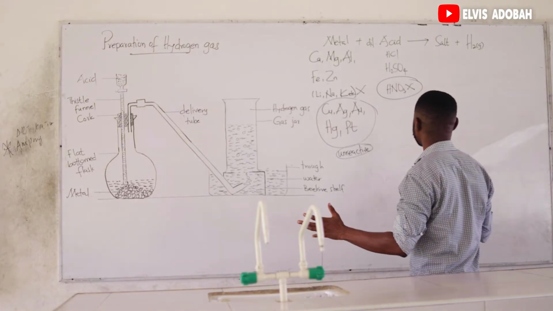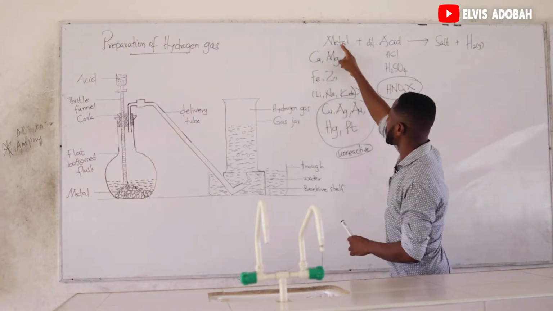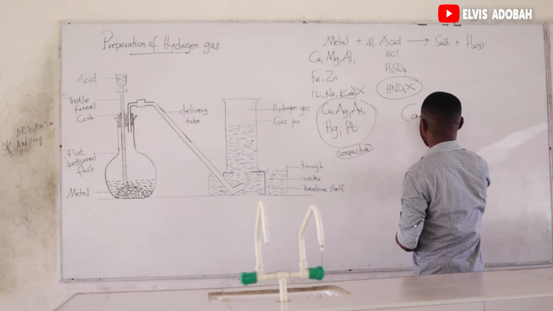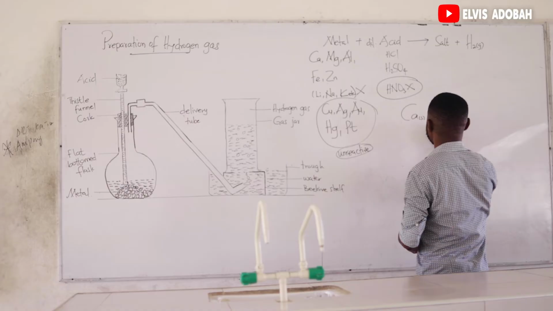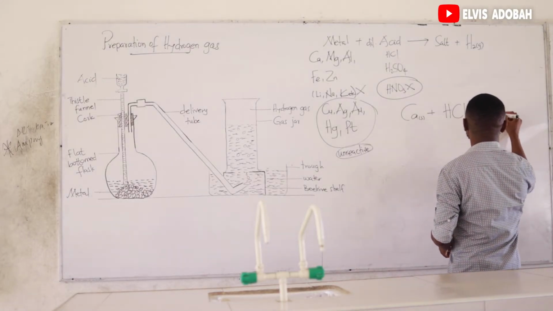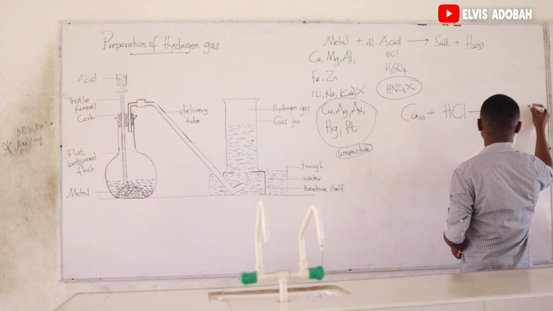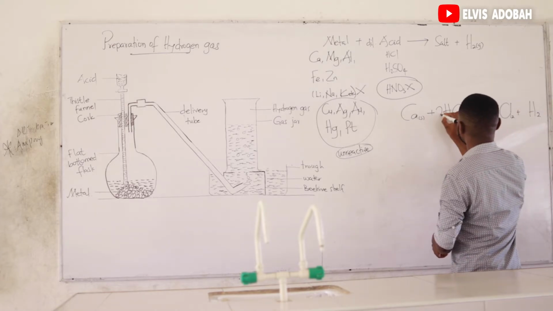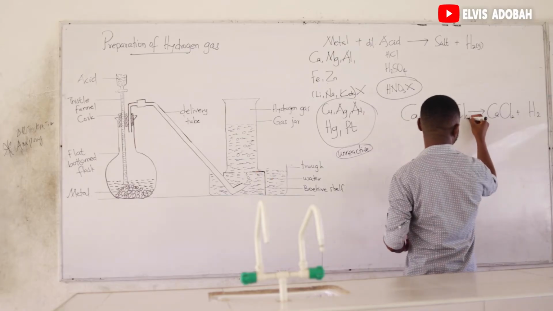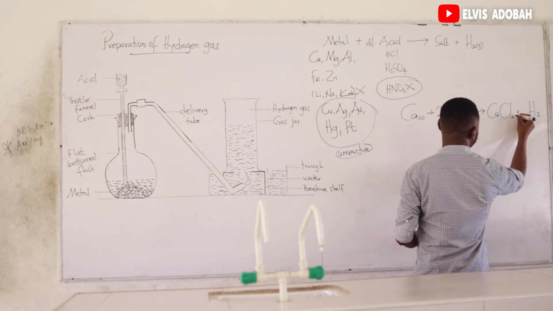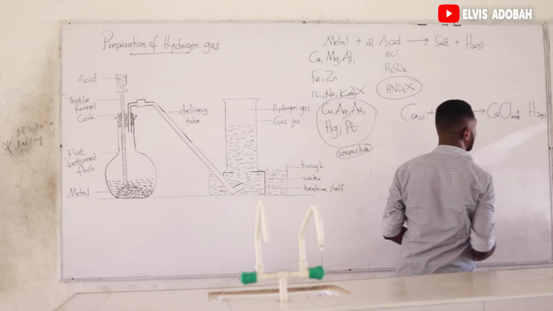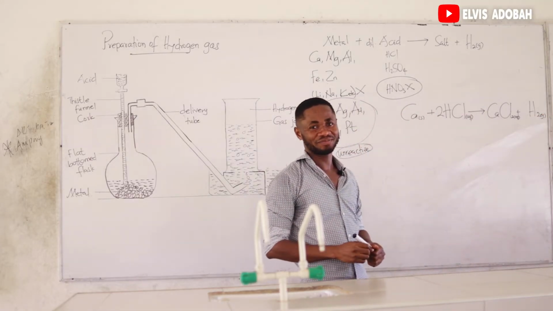So let's look at how a reaction looks. If we take a metal like calcium, calcium as a solid metal can react with hydrochloric acid to form calcium chloride and hydrogen gas. The hydrochloric acid is in aqueous state, calcium chloride is in aqueous state, and the hydrogen is a gas.